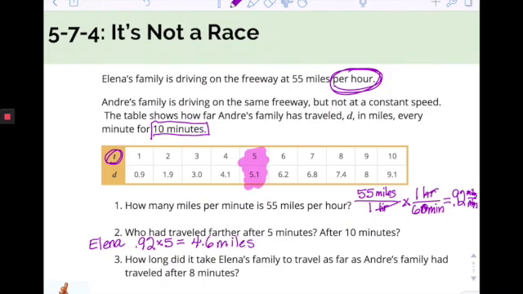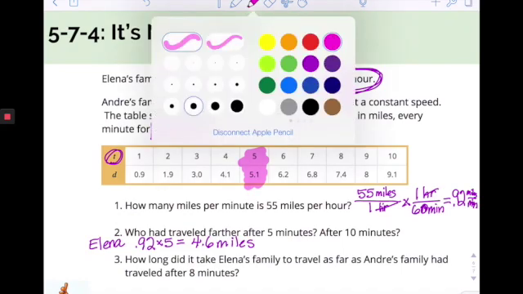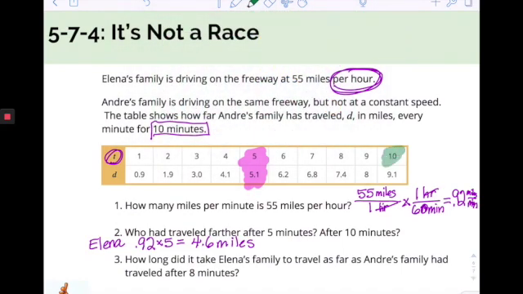For 10, here we are at 10. Okay, and let's do Elena's. For 10, also pretty easy because we're going to do 0.92 times 10, and we're going to get 9.2 miles.